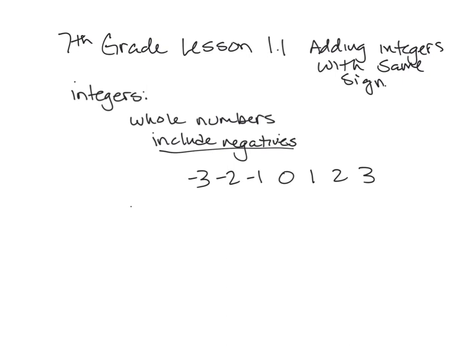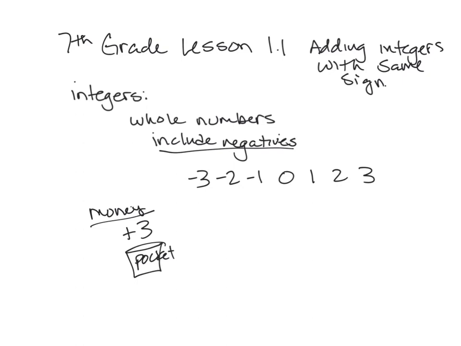And for me, when I'm adding integers, I find it useful to think of those integers as money. For example, anything positive, like +3 in money terms, would in my mind be what I have in my pocket. Pretend that's a pocket.